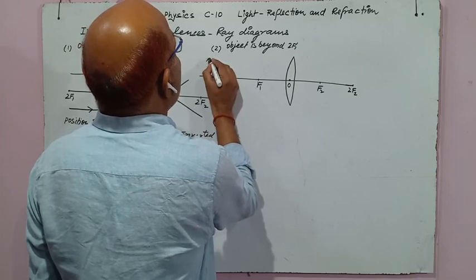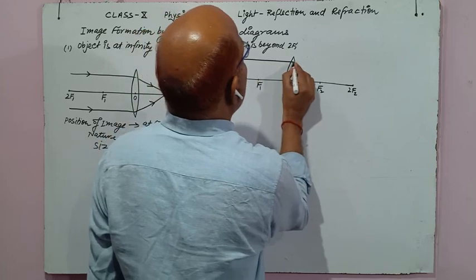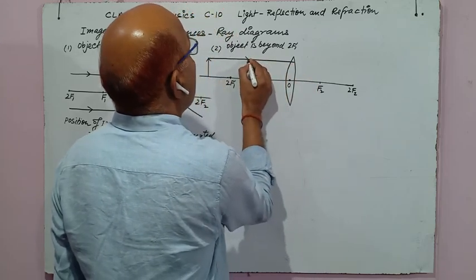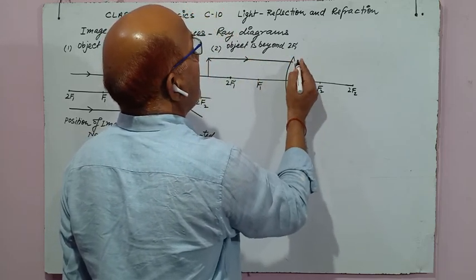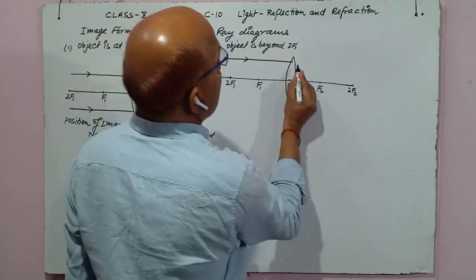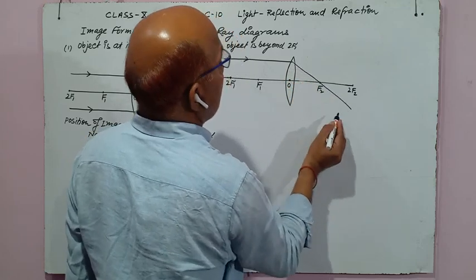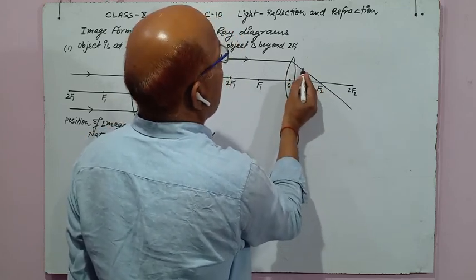First we will draw a ray parallel to the principal axis. As you know, after passing through the lens, it will pass through the focus, like this.